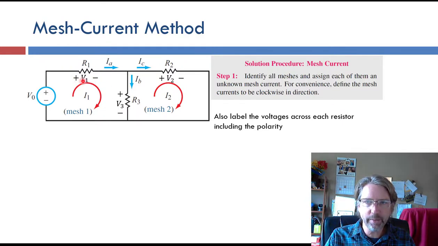You can pick the polarity according to the current, or you can pick it arbitrarily. It'll work out as long as you write something down and are consistent when we use Ohm's law. So now that we have our meshes defined, our mesh currents, and our voltages across the resistors, we can keep going.